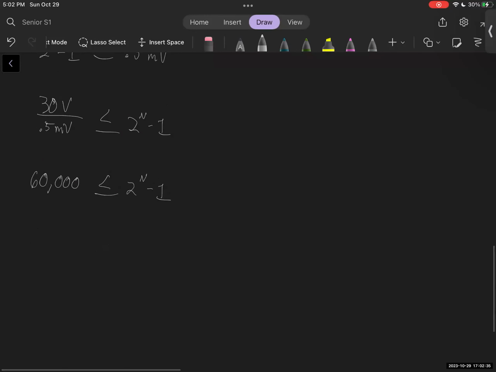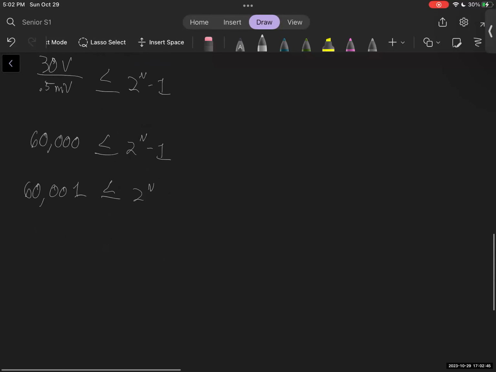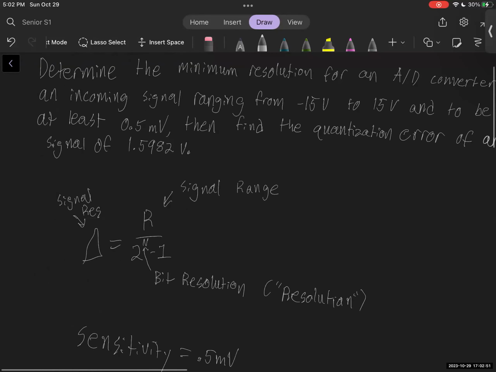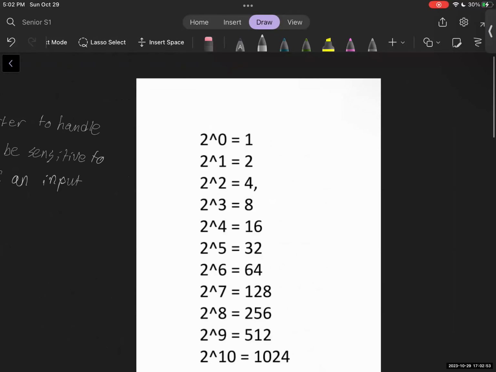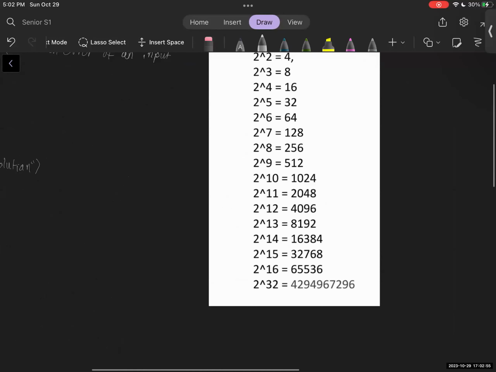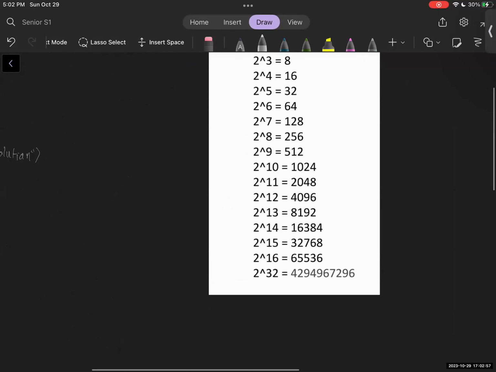We're just going to add our 1 over. So we get 60,001 is less than or equal to 2 to the power of N. Now we need to figure out what our N value is to make this equation true. We're provided with a chart of 2 to the power of N's, and we see we need it to be greater than 60,000.